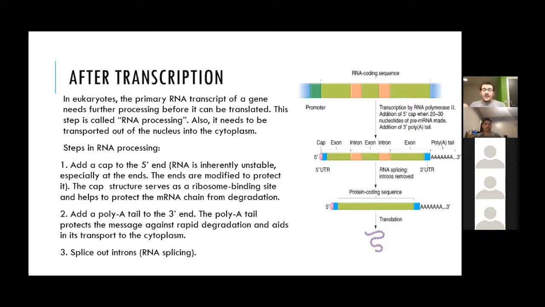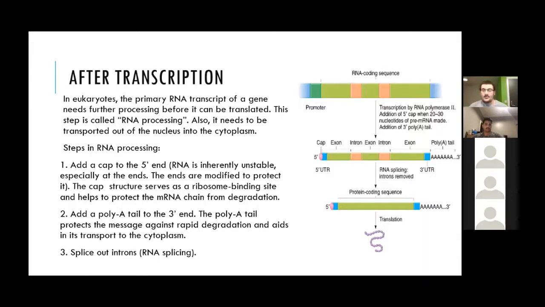The poly A tail also protects the message against rapid degradation, and it aids in its transport throughout the cytoplasm. Okay, so you have the 5' cap at the 5' end, and at the 3' end you have the poly A tail.